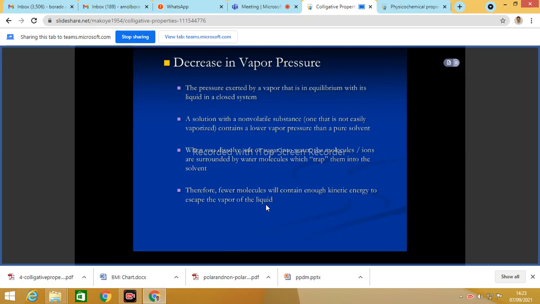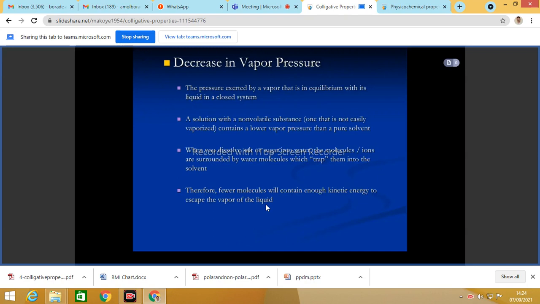It remains there in the bulk of the liquid, making the whole system salt water or a sugar solution. Sugar or salt becomes a part of the liquid bulk, and it is going to show a combined effect on the boiling point of that water.